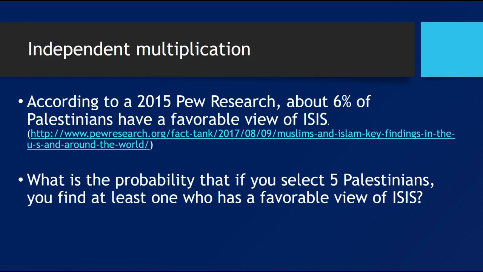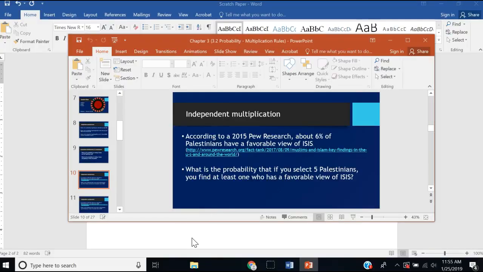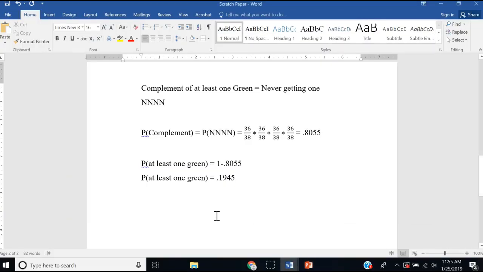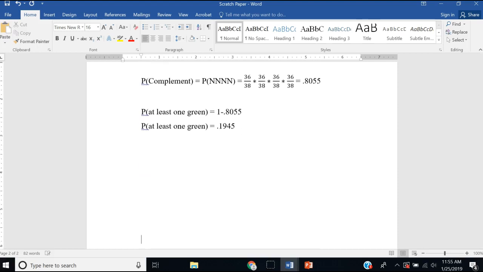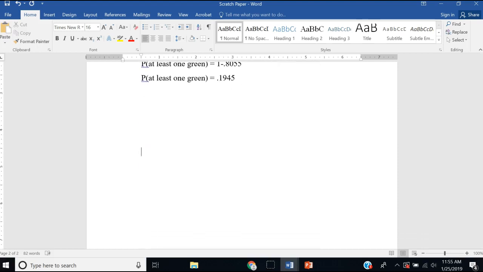Again, notice the connections between this and the previous problem. Very, very similar. Okay, let's think of this. So the probability at least one is favorable to ISIS.